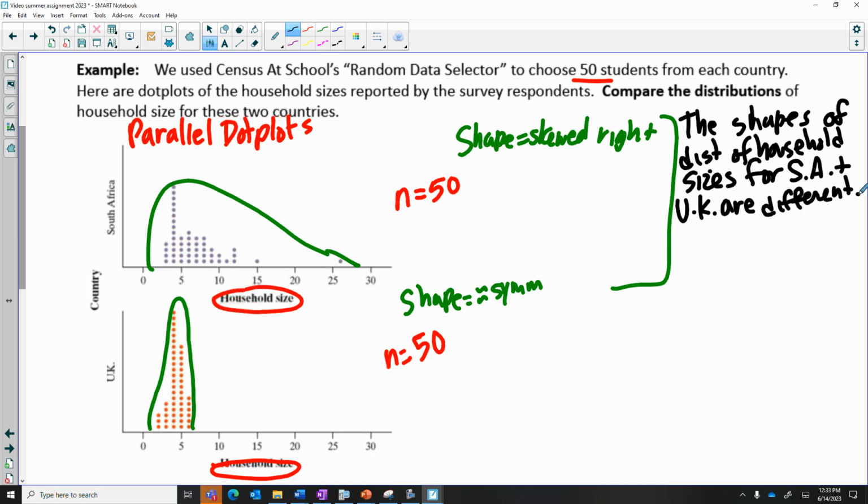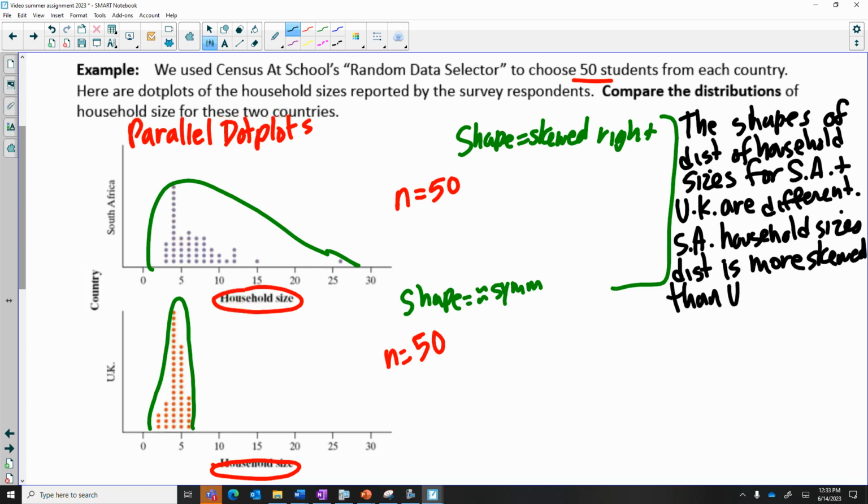South Africa household sizes distribution is more skewed than the UK, which is more symmetric. Okay, something like that. All right, so that's the comparison of shape.